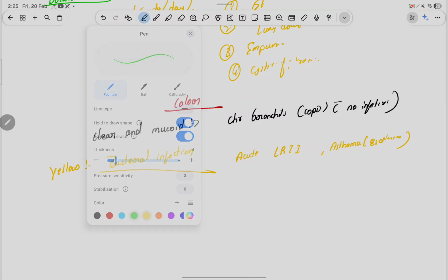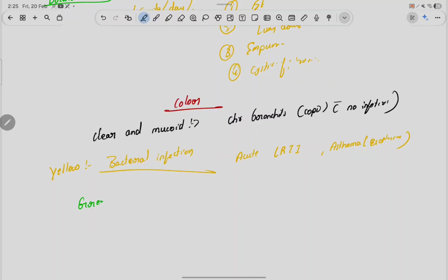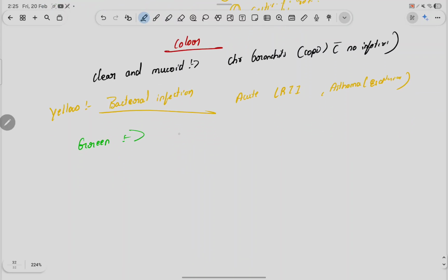If it is green, then we could go with chronic infection, COPD and bronchiectasis, due to dead neutrophils.